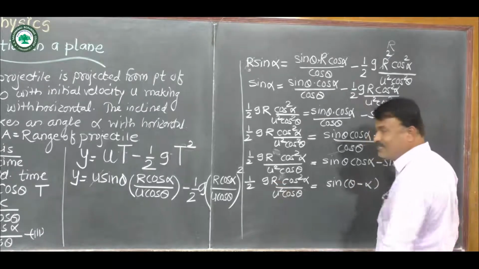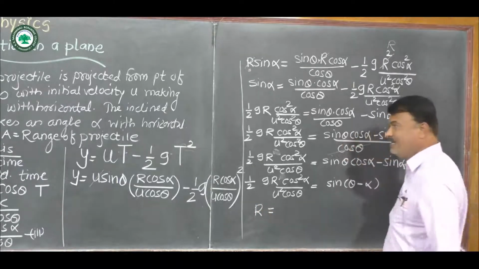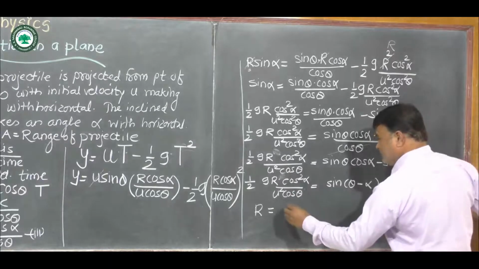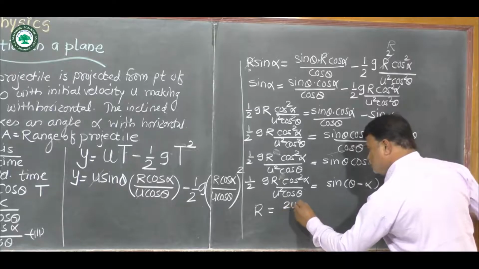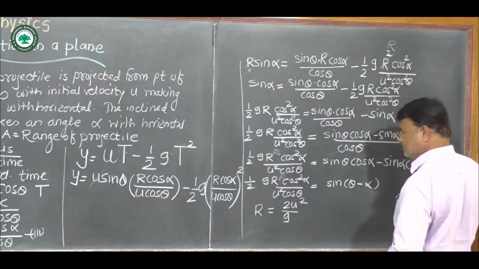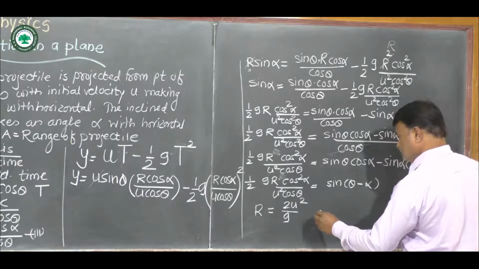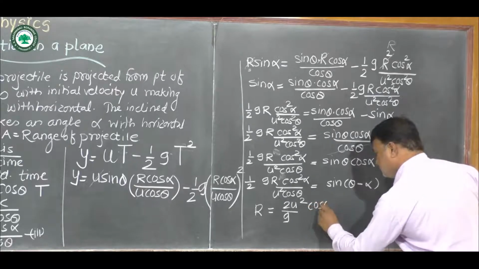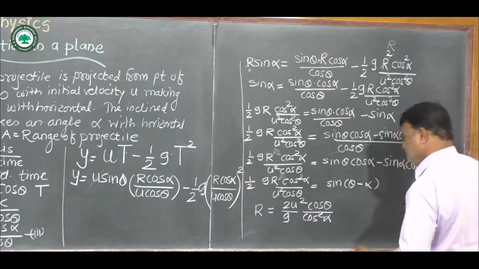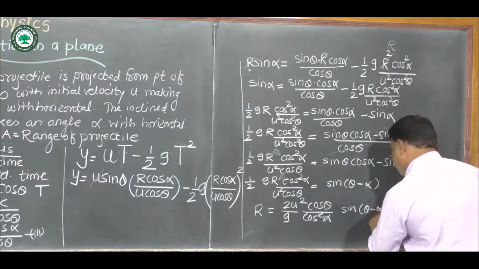But we have to find out the range of the projectile R. So rearranging this equation, we get the range of projectile capital R is equal to twice u square upon g into cos theta upon cos square alpha into sin(theta minus alpha).